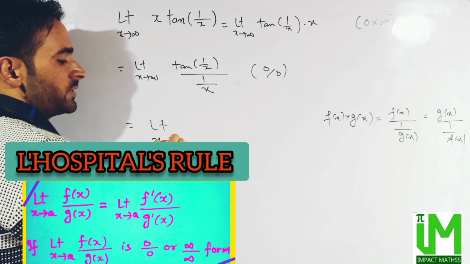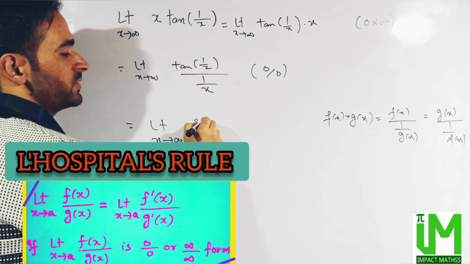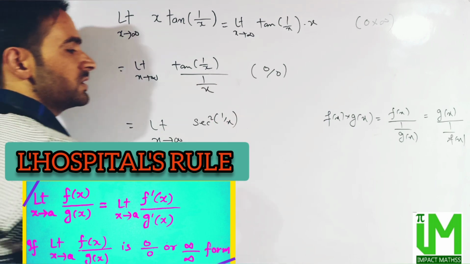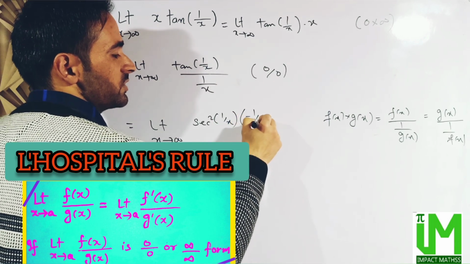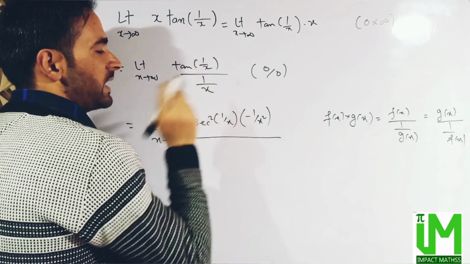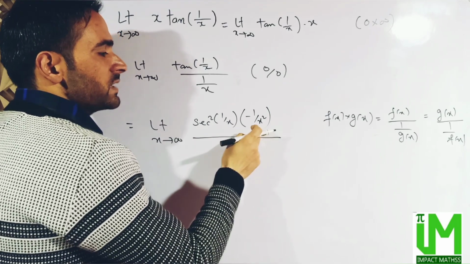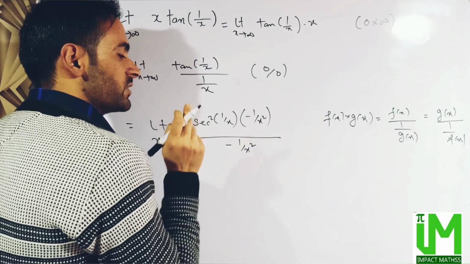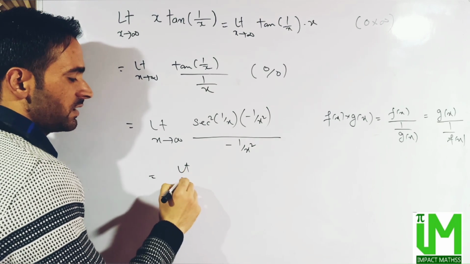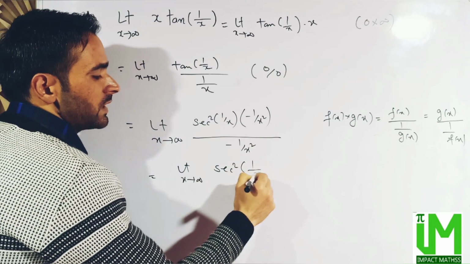So we can write limit x tends to infinity, tan of 1 by x की differentiation, so it will be sec square 1 by x, and 1 by x की internal differentiation by function of function rule, so it will be minus 1 by x square, divided by 1 by x की differentiation, minus 1 by x square. So minus 1 by x square से ये minus 1 by x square cancel होगा, so we'll be left with limit x tends to infinity sec square 1 by x.